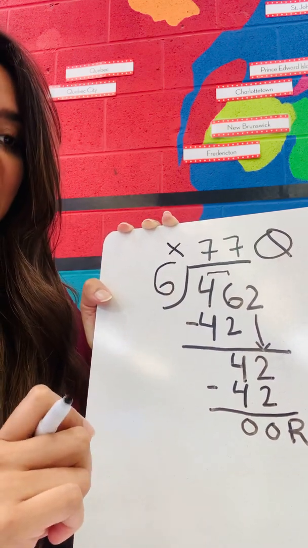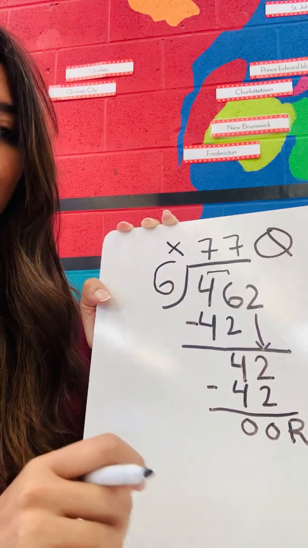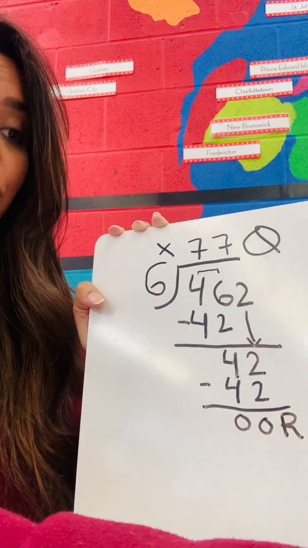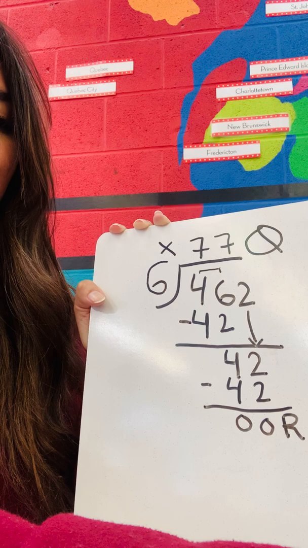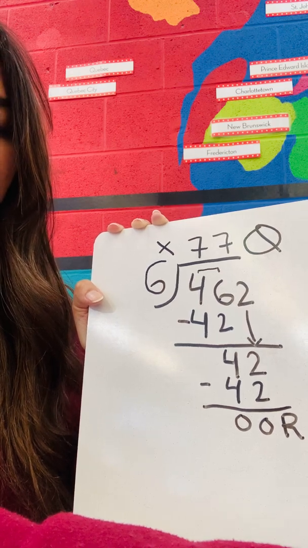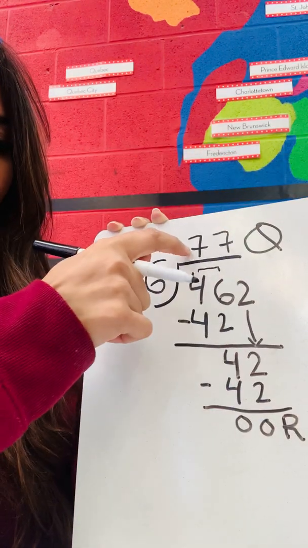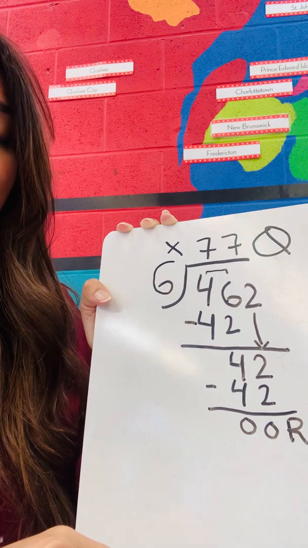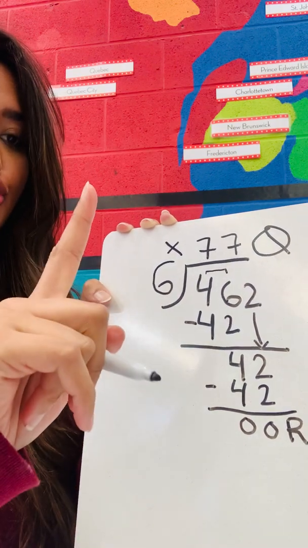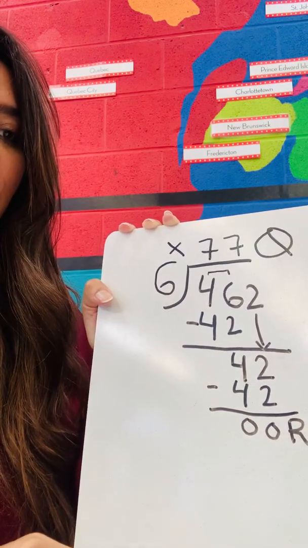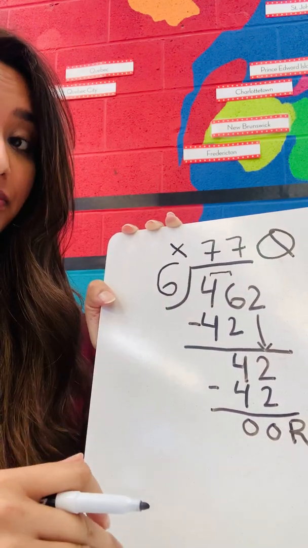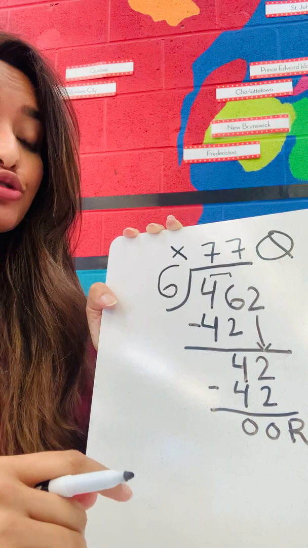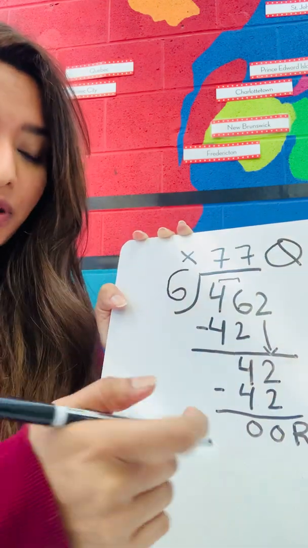Now, I'm reading the question again, that's part 2. If each bunch of flowers was sold for $5, how much money did he receive? So if there are 77 bunches and one bunch is sold for $5, would 77 be sold for more or less? Absolutely more. So for that, we multiply.